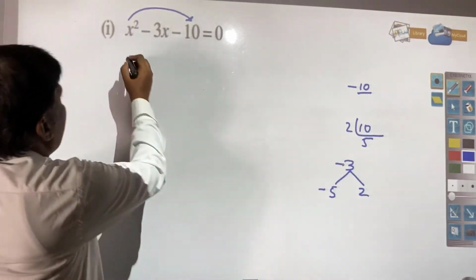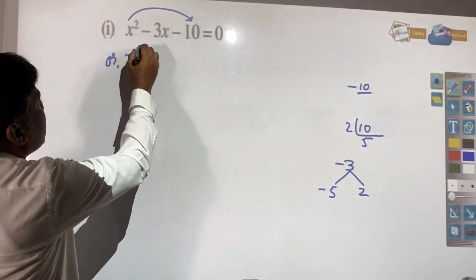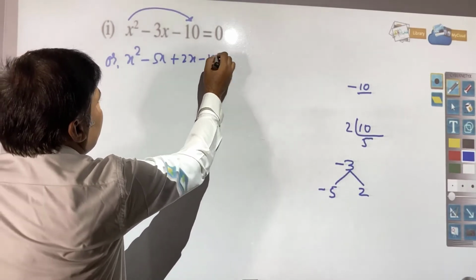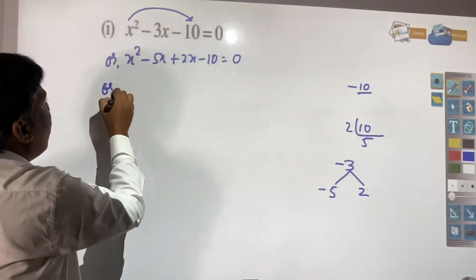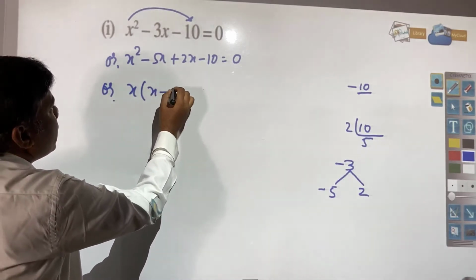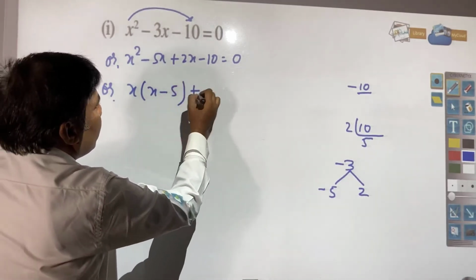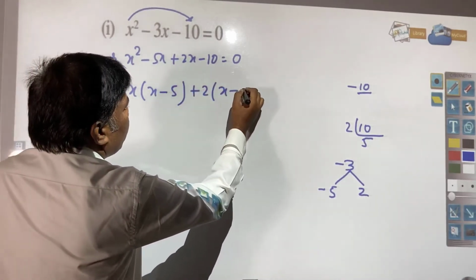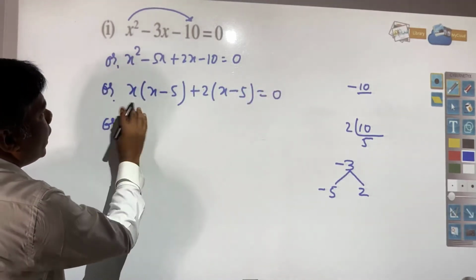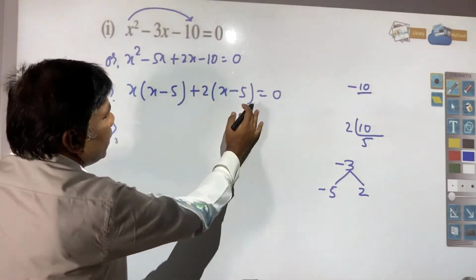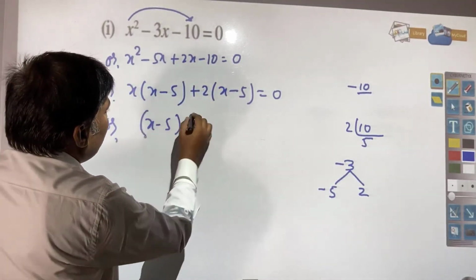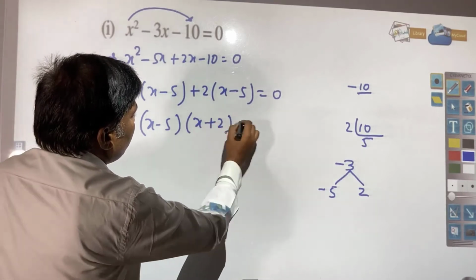So here you will write x square minus 5x plus 2x minus 10 is equal to 0. From the first two terms x is common, so x minus 5; here you will have common 2, and you will get x minus 5, and that is equal to 0. Now in this term x minus 5, in this term also you have x minus 5, so x minus 5 will be common and you will be left with x plus 2, and that is equal to 0.